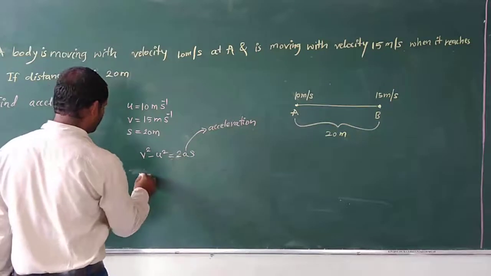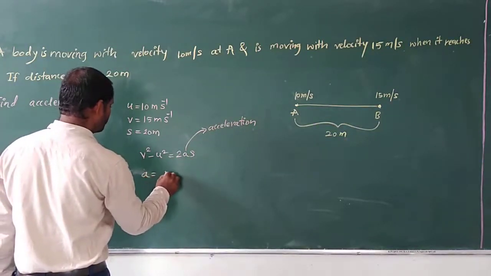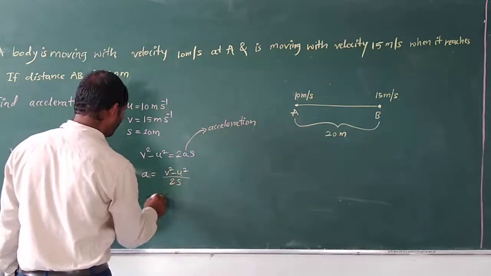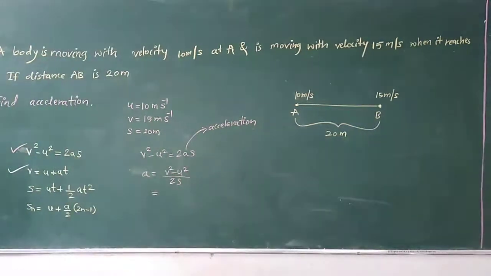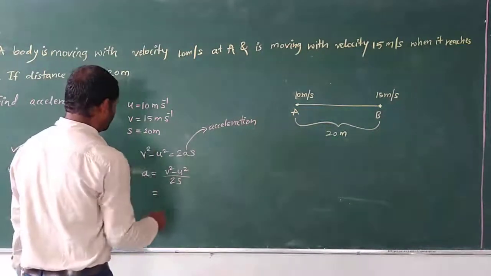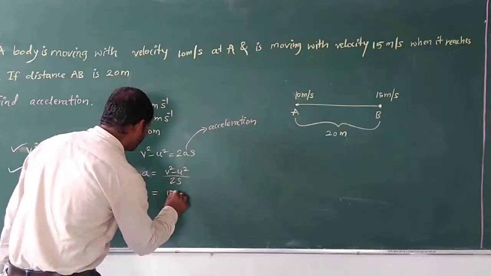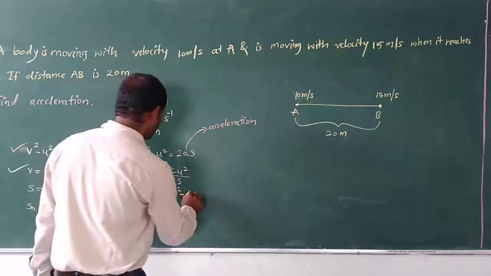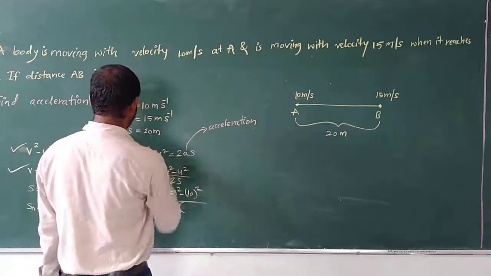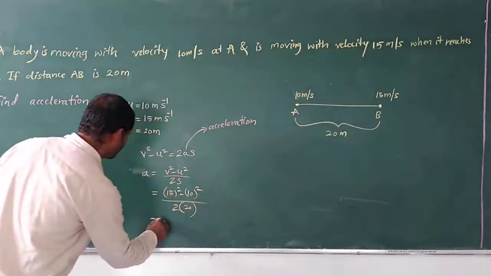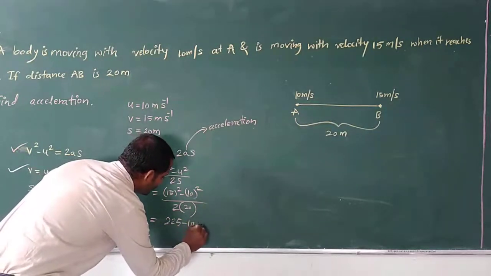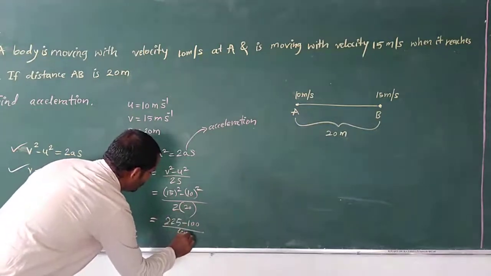Or we can convert it also: a is equal to v square minus u square divided by 2s. Then it will become easy to solve. So put the values of v, u and s. v is 15 square minus u is 10 square, divided by 2 into 20 meters. So 15 square is 225, 10 square is 100, divided by 40.